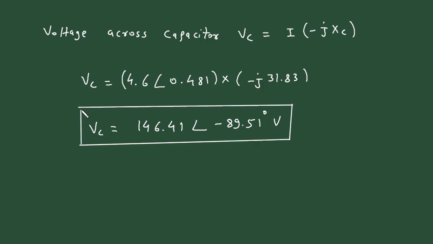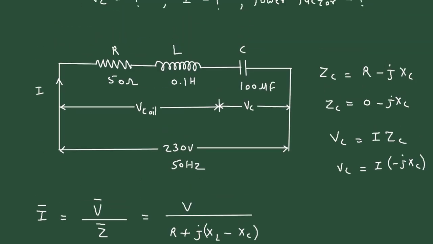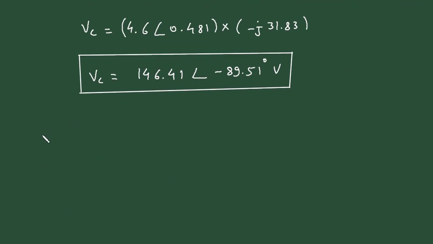Next we have to calculate voltage across coil. So V coil is equal to, first we have to calculate Z coil.